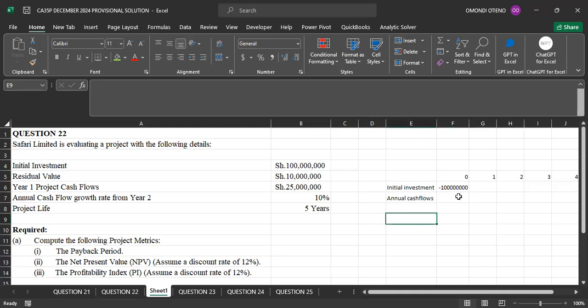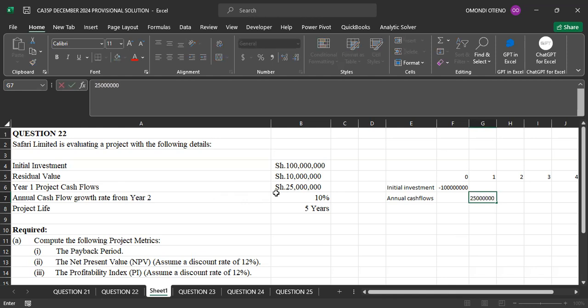Let's come to annual cash flows. So the annual cash flows here, they are starting to receive the cash flows in year 1. In year 1, we are told that the cash flow in the first year of this investment will be 25 million.